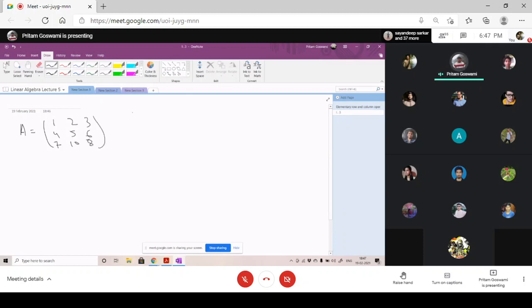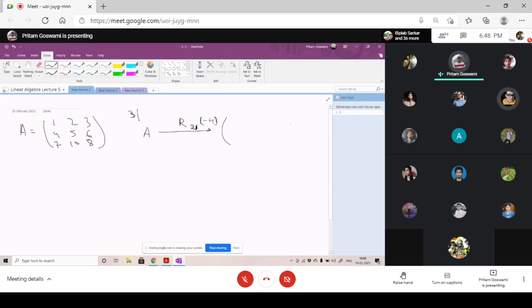The third kind of row operation is like if I say I want to multiply the first row with -4 and then add it with the second row. You write it like this: R, 1 means you are multiplying with which row, and in the bracket you put what you are multiplying by, and 2 means you are adding with which row. Got it?